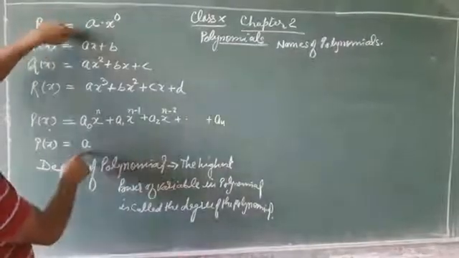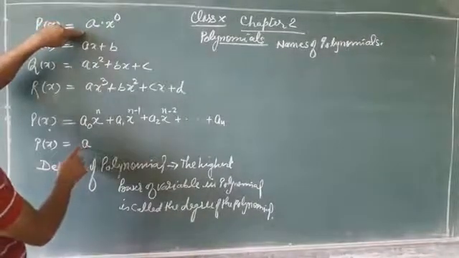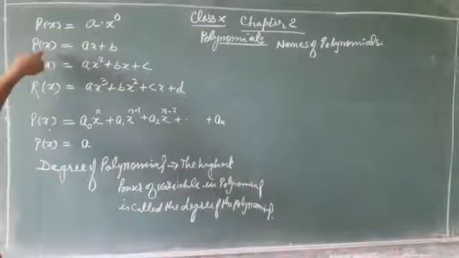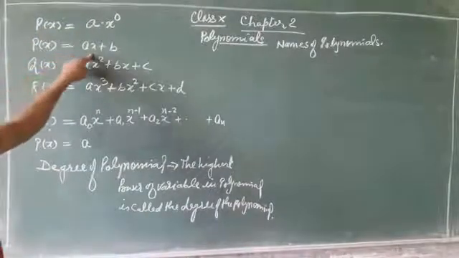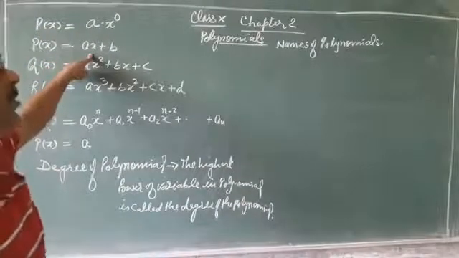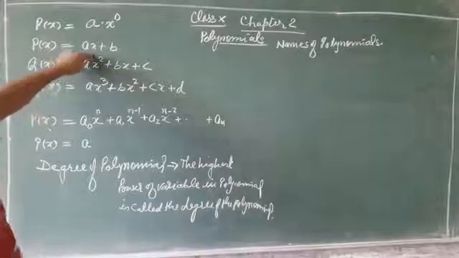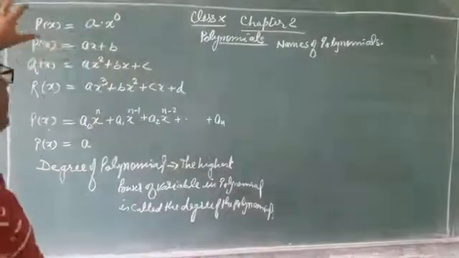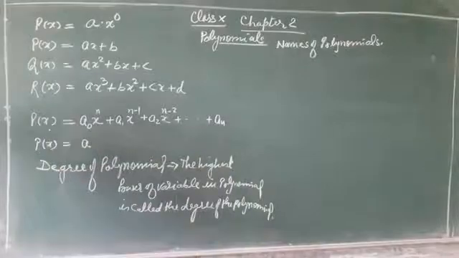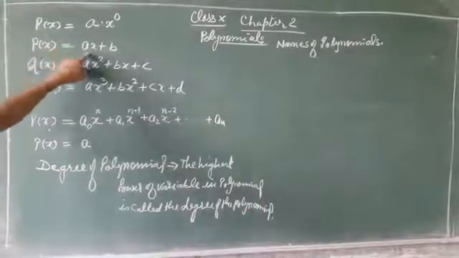This polynomial is called a linear polynomial because the highest power of the variable is 1.